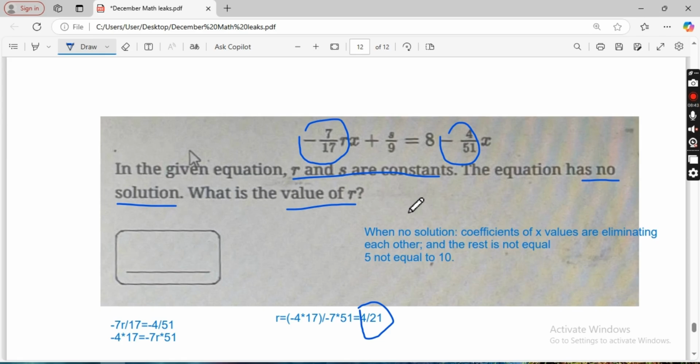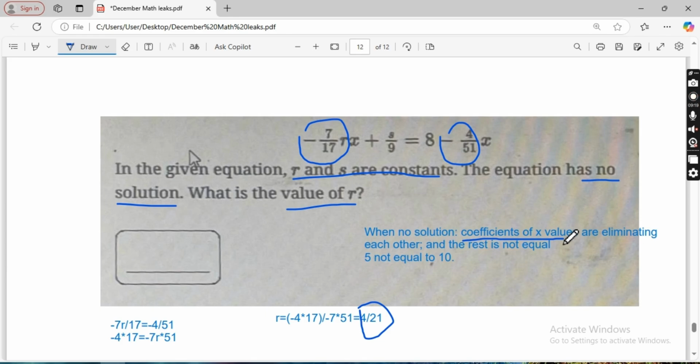Be careful, you should know something when we have no solution. When there is no solution in the equation, the coefficients of x should eliminate each other, which means they should be equal to each other on both sides. And if you move one to the other side, it will give the same value but with a negative sign.